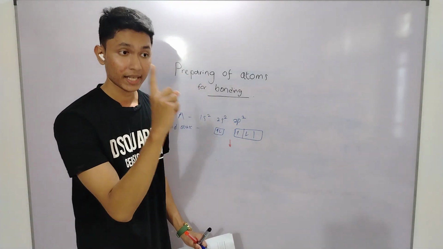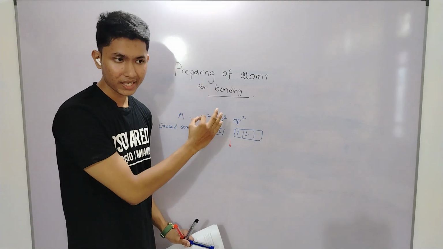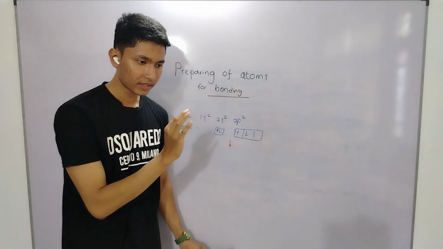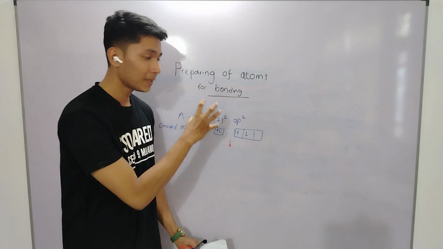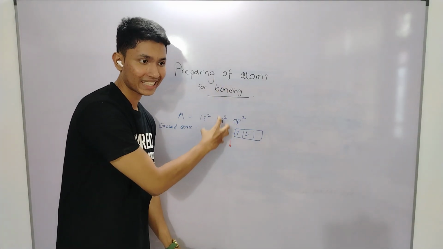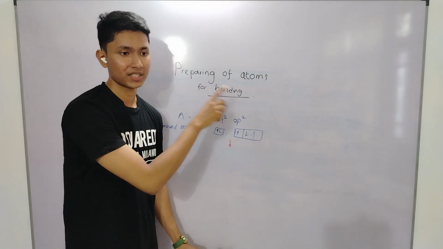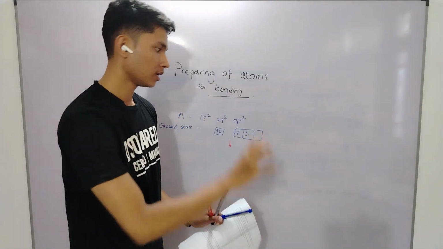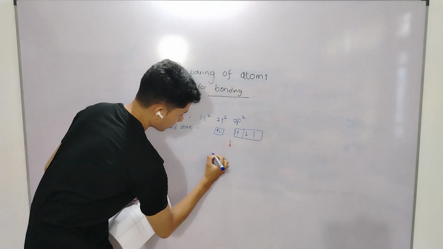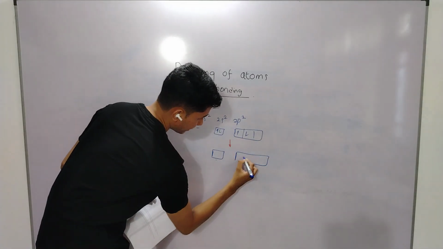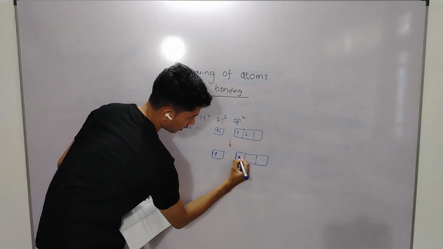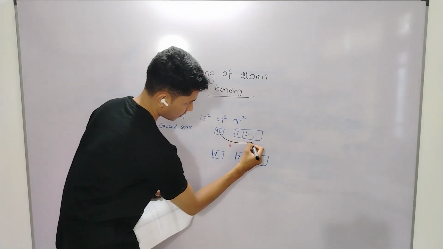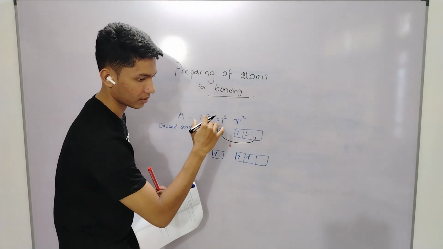Remember, an electron from a completely filled orbital within the same energy level is transferred to an empty orbital. Write down the definition. Now this electron is transferred to this empty orbital of the same energy level.